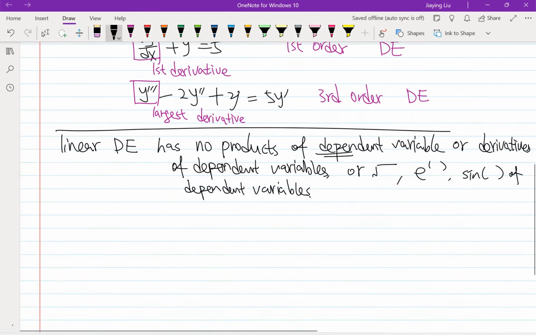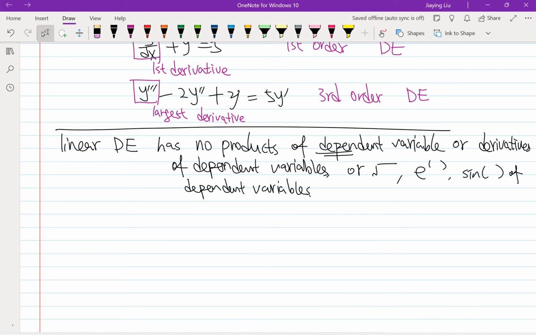So what I meant is that for a differential equation to be linear, you cannot have something like, for example, y prime minus y squared equals 5. The y here is the dependent variable because you can think about this as dy/dx or dy/dt.